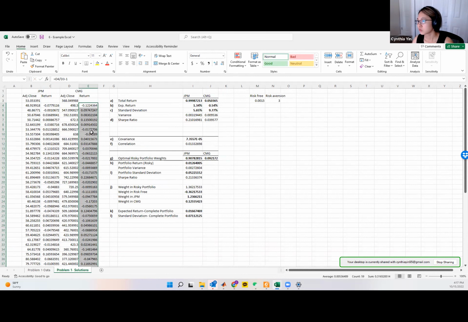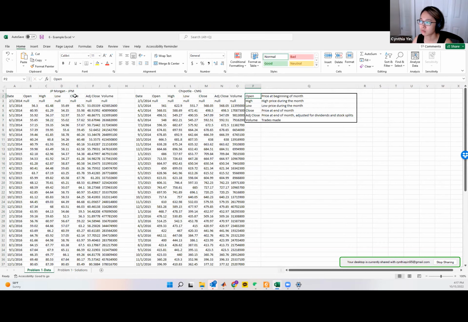So one thing you need to remember is that you do not use the raw close return, because the raw close return usually might be messy because of dividend and stock split. So dividend might be okay, but stock split is terrible.